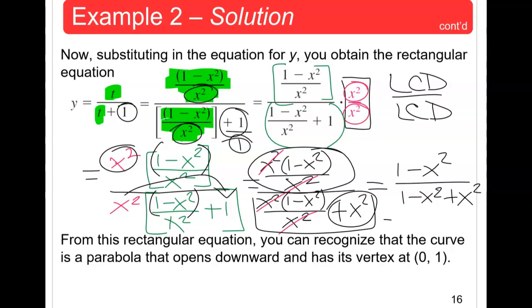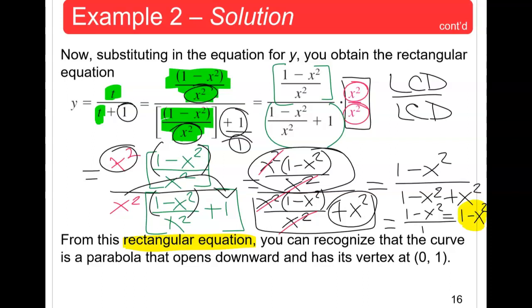And so that will reduce to 1 minus x squared over 1, which is just 1 minus x squared. And that is pretty easy to graph. You could see that that will be the rectangular equation that they're mentioning here, this one here.